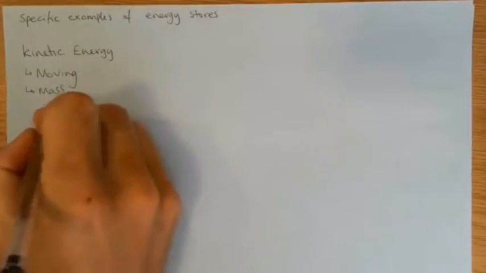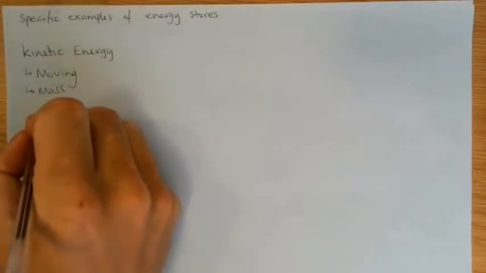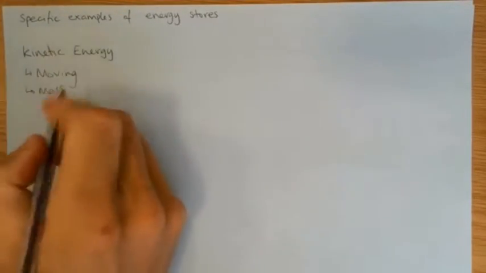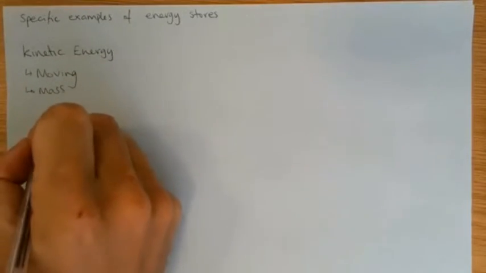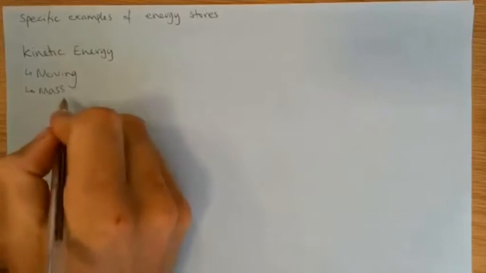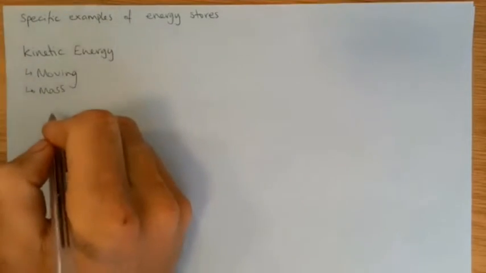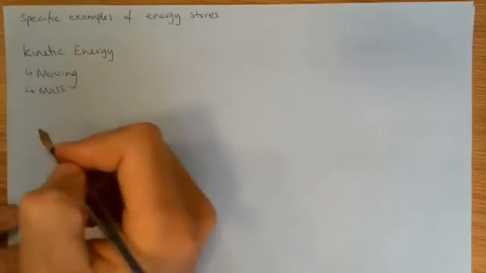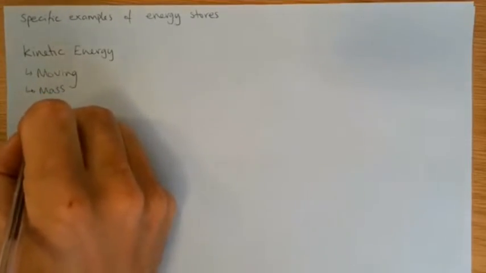So how do we calculate the quantity of kinetic energy? This was an experiment, and two scientists were looking at objects that were moving and the energy involved. So this was Gottfried Leibniz and Johann Bernoulli, who did work on this and came up with the equation.